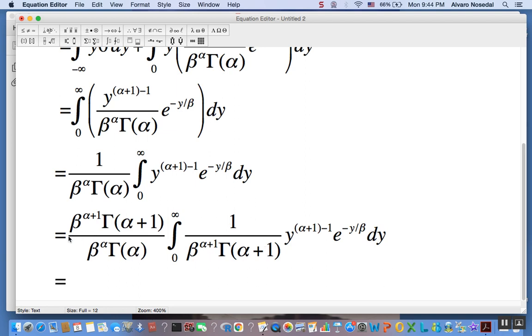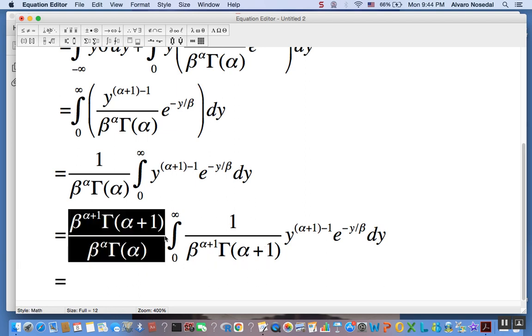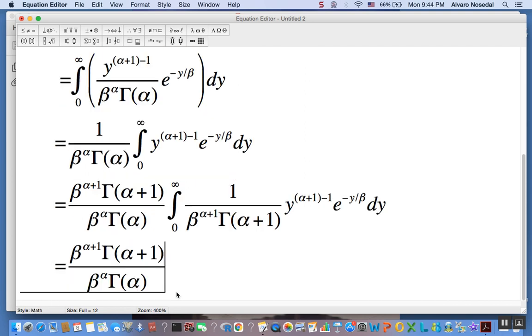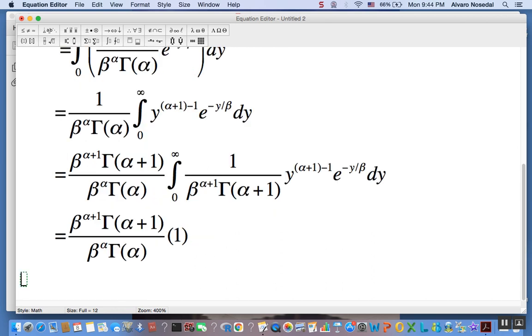So now what we have is this times kind of a nasty looking integral, but since we're integrating a gamma with parameters alpha plus 1 and beta over 0 to infinity, that's just a 1, because that's a legit probability distribution. And we're done there.